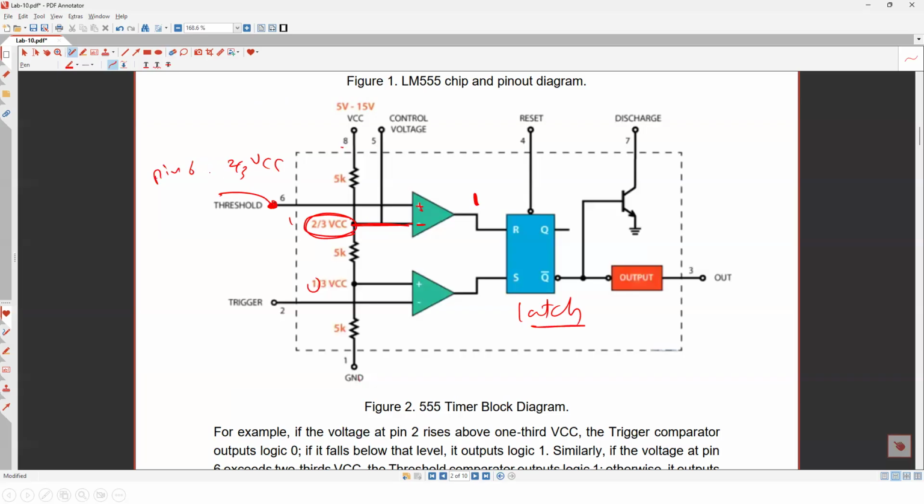But if it is smaller than 2/3, that means the negative is greater, and the output is 0 volt. Same thing for the other comparator, but it's going to compare to 1/3.